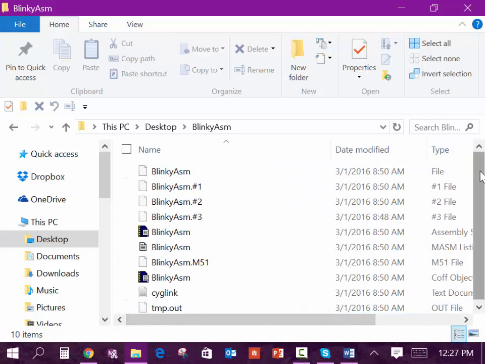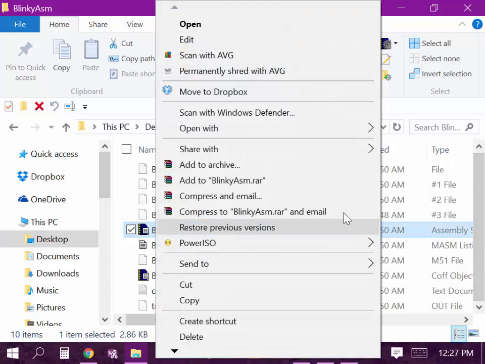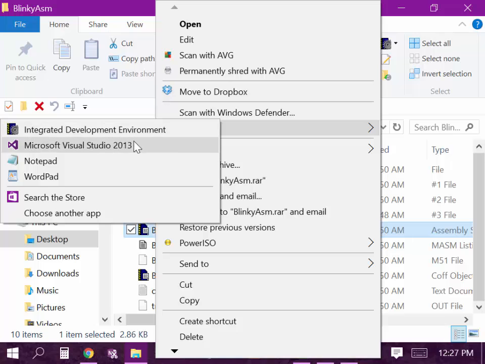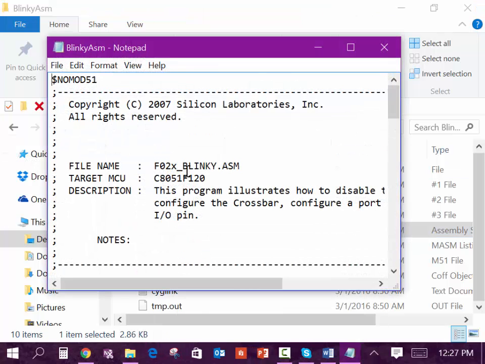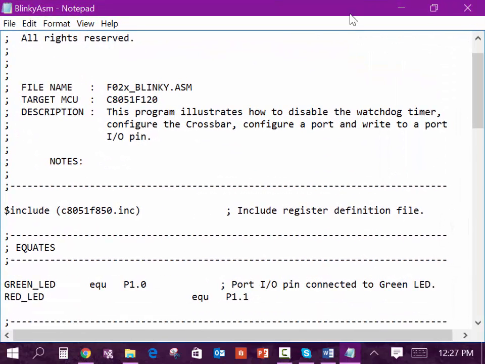Open with, and I'm just going to open it up with WordPad. Now, this is wrong here. Actually, our file name, I just called it blinky.asm. And our target MCU should actually be 850.